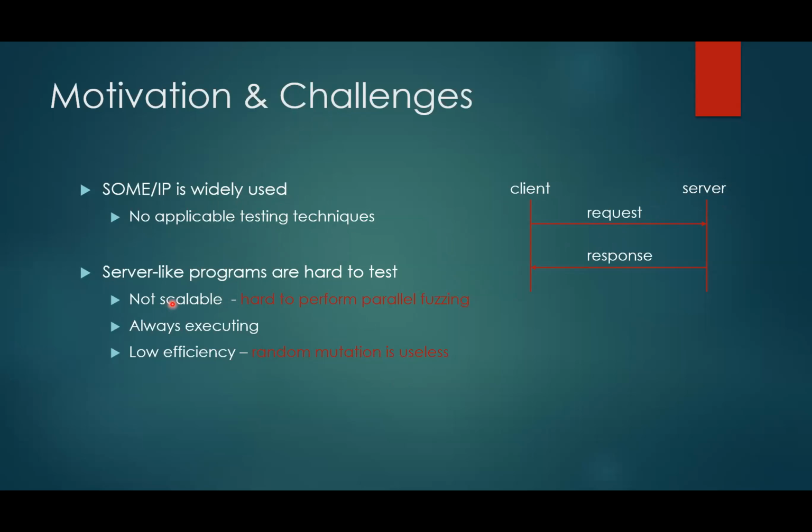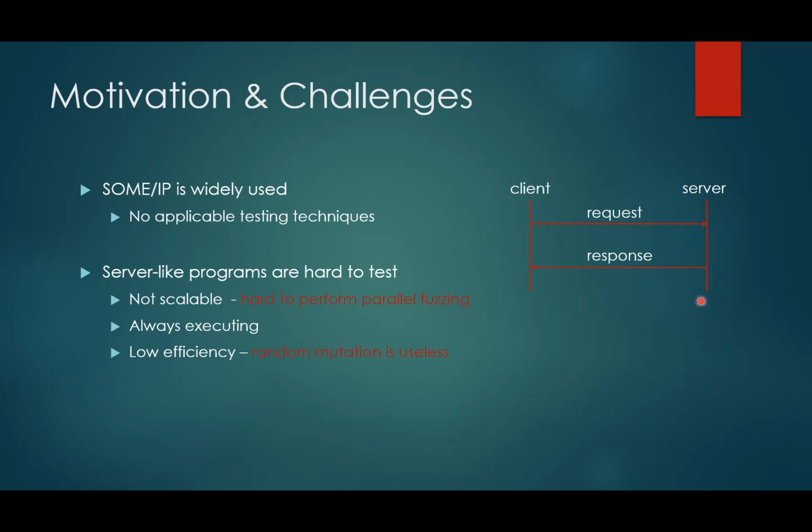If we want to make our testing scalable, the first thing that comes to mind is to run multiple fuzzer instances in parallel, so we can fully use the computational power of the device. But it is not possible to run multiple instances of the same server on the same device.